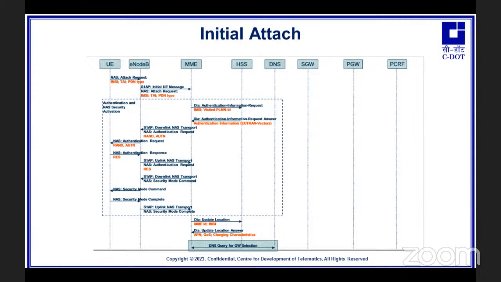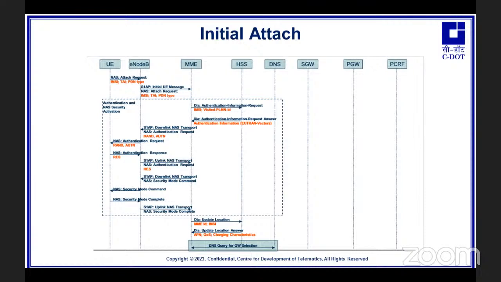This is S gateway 2. Suppose this has one IP and this has another IP. I already told you what tracking area is, the tracking area code. This has to be defined in the gateway also. Suppose the tag defined here is X and the tag defined there is Y.